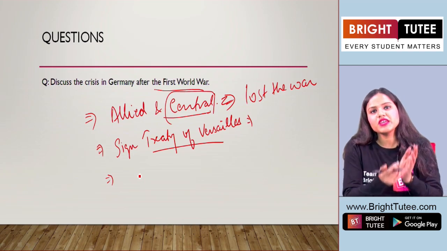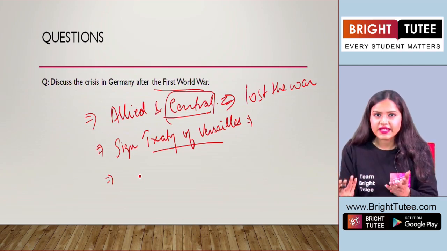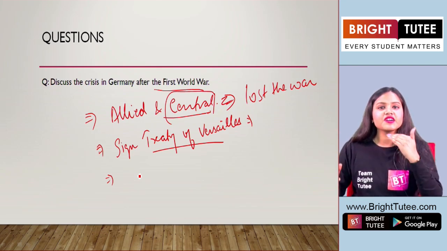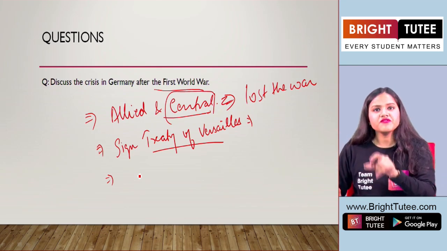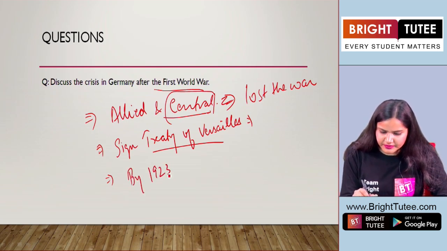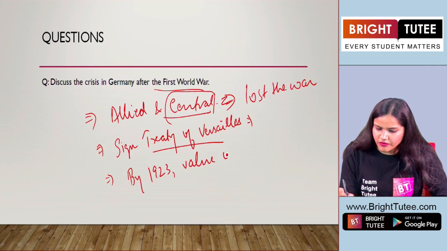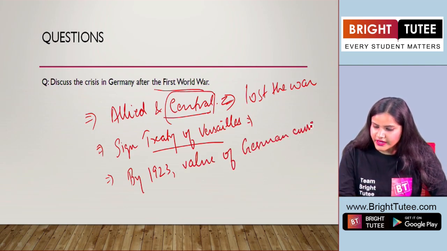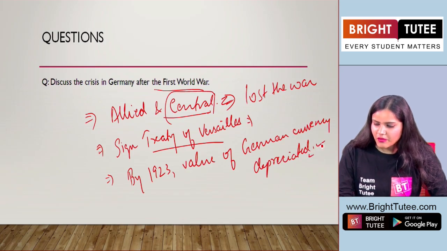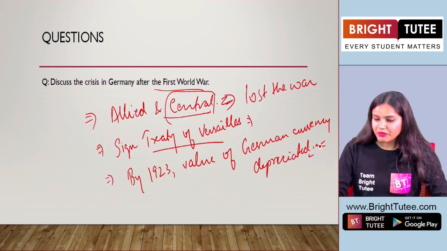When we are talking about the economy, the polity, the society here, we see that each and every sector was facing crisis in Germany after the First World War. So by 1923, the value of German currency also depreciated, right? So the German mark value depreciated.